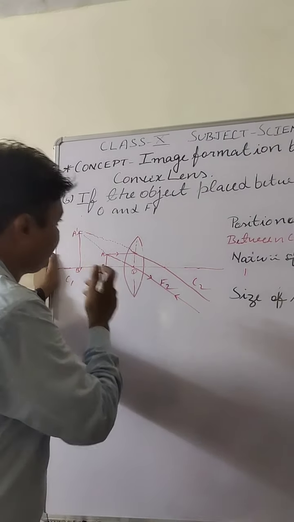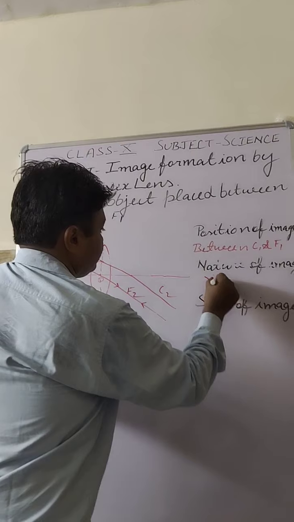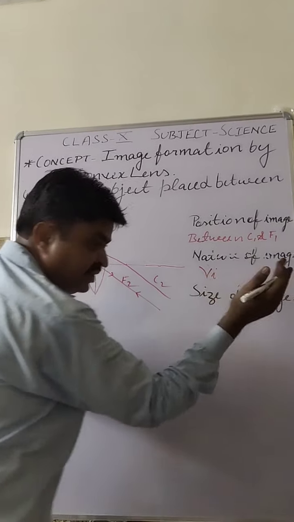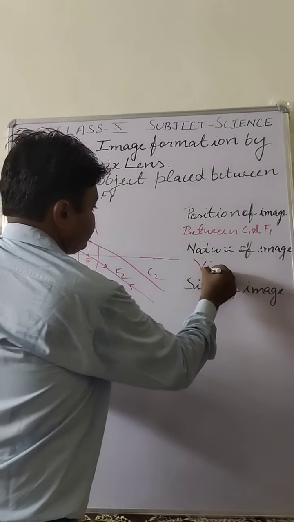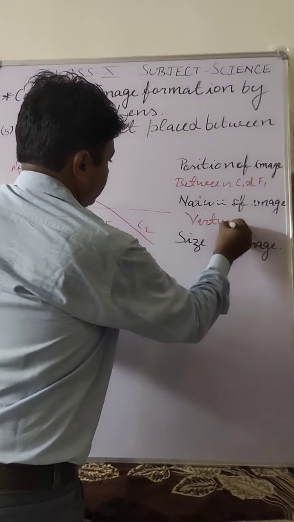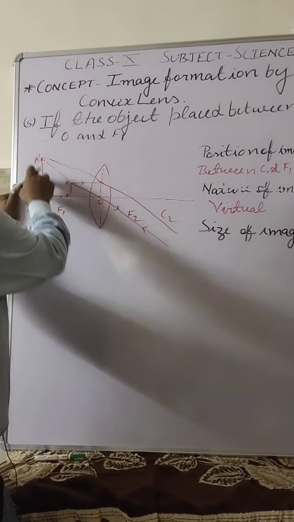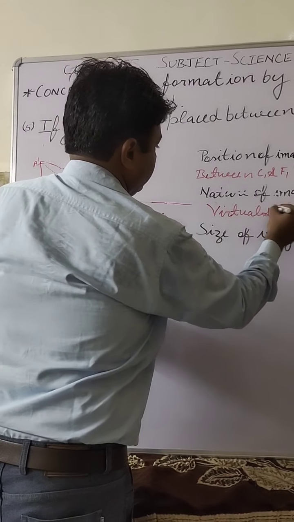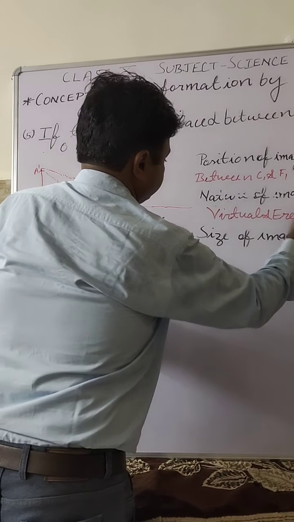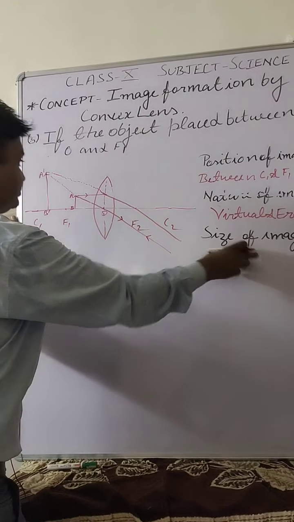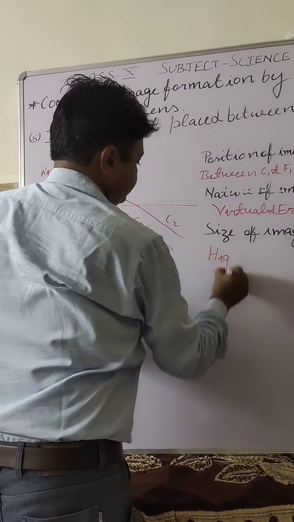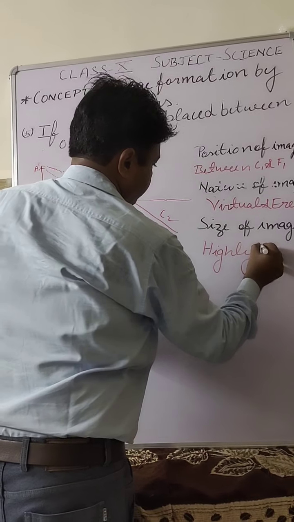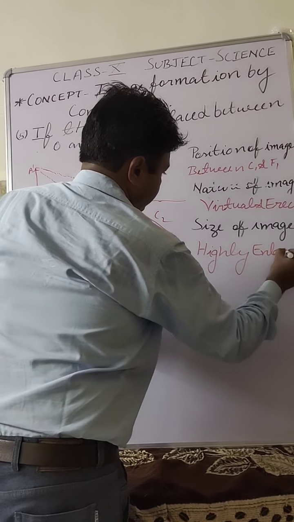So what will it be? It is virtual, because the rays appear to meet. They are not meeting really. So it is virtual and erect. Size of image: the size of the image is highly enlarged. You write here highly enlarged.